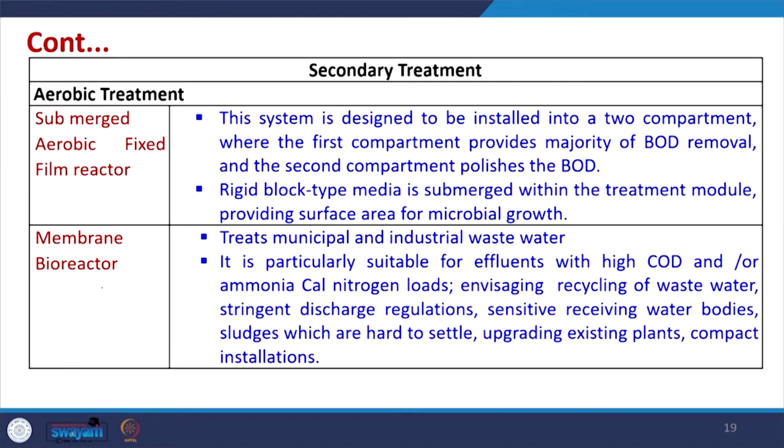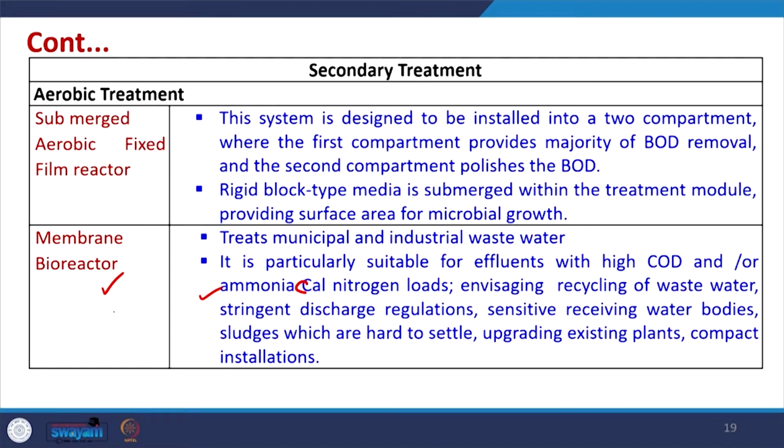Then we have membrane bioreactors also. They are being used to treat municipal as well as industrial wastewaters. It is particularly suitable for effluents with high COD or high ammoniacal nitrogen loads, and they can be used for recycling of wastewater, meeting the stringent discharge regulations that may be there.